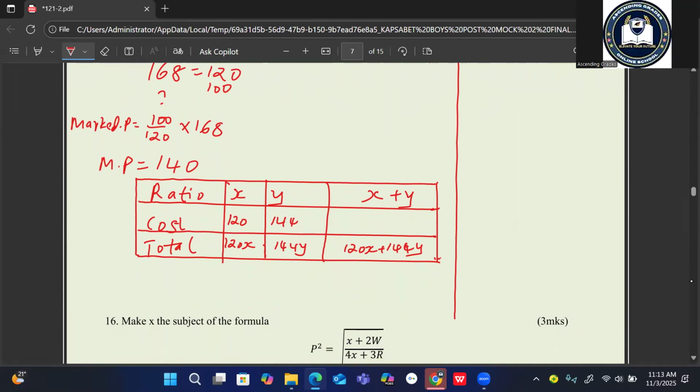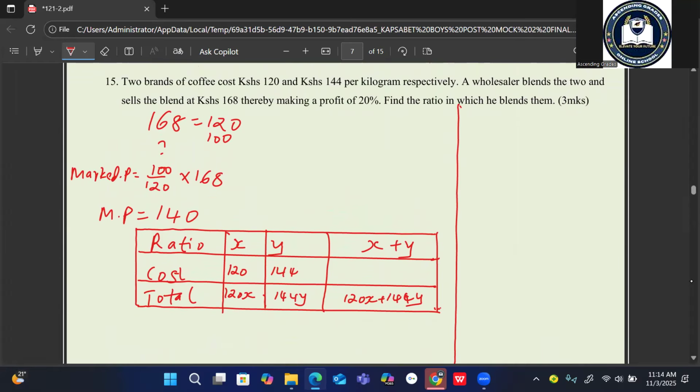So 120x plus 144y should be equal to 140, then the sum of the two, that is x plus y. So 120x plus 144y should be equal to 140x plus 140y.